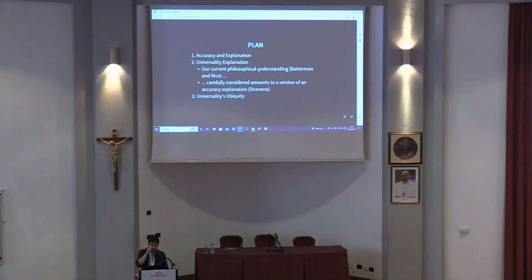Here I'm going to draw on some contemporary philosophy of science, and I'm going to argue that our current best philosophical understanding about how these sorts of explanations work, this philosophical understanding which is supposed to weaken that connection between accuracy and explanation, actually will just amount to being a version of a more traditional accuracy-based account of how idealization works.